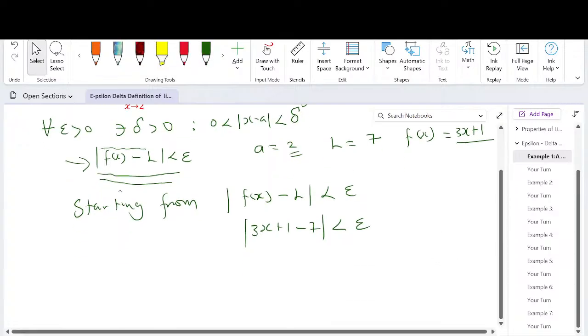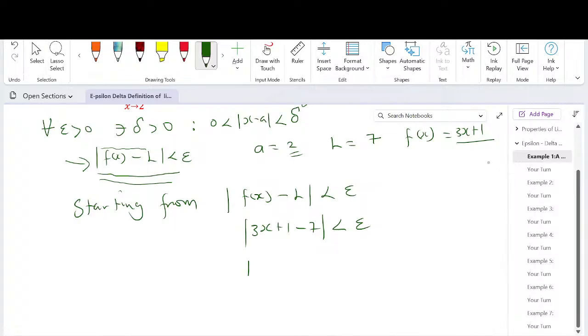Okay, so let's simplify the expression in the absolute value. That would be the absolute value of 3x plus 1 minus 7, that would be 3x minus 6, less than epsilon. So you can factor out 2 to get the absolute value of 2 times x minus 3, less than epsilon.